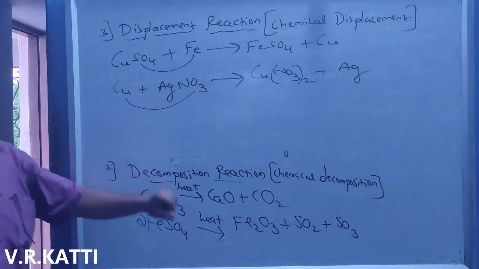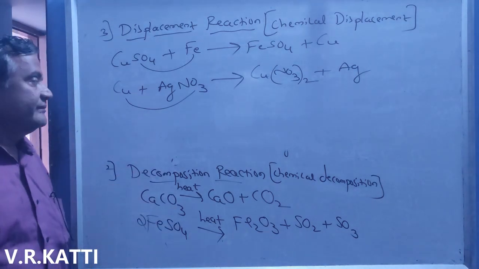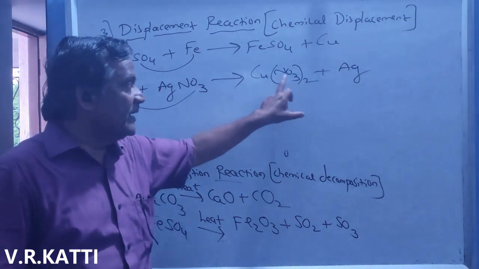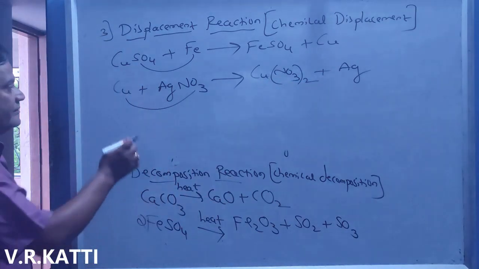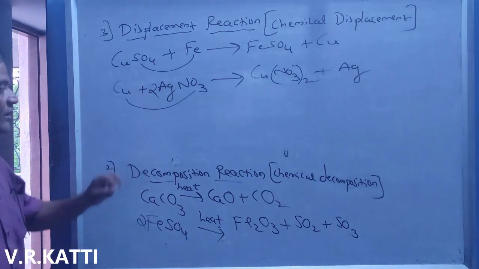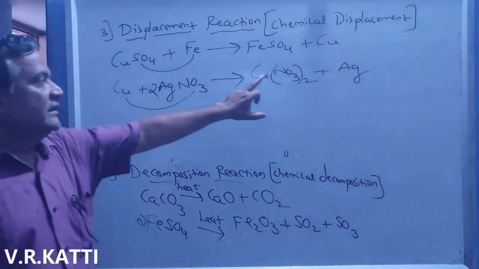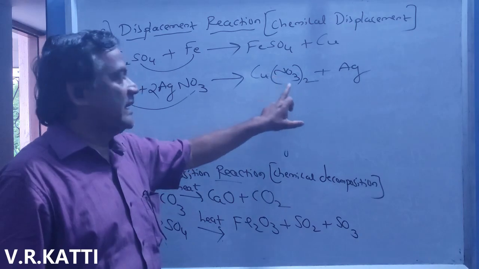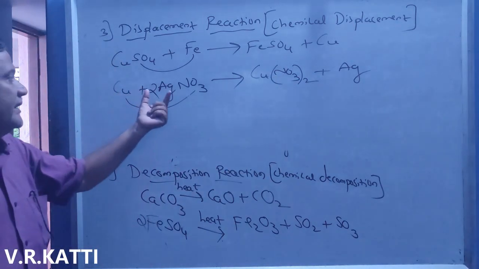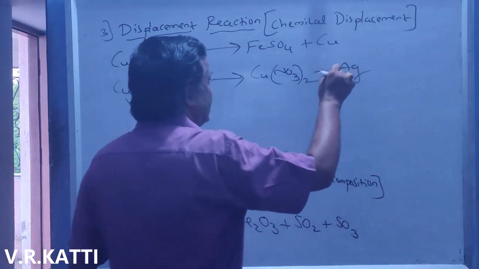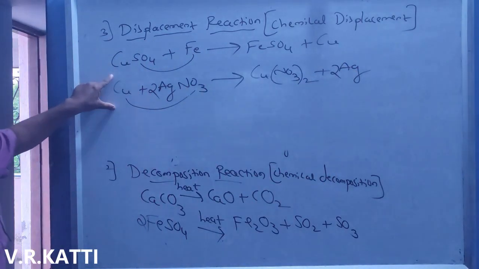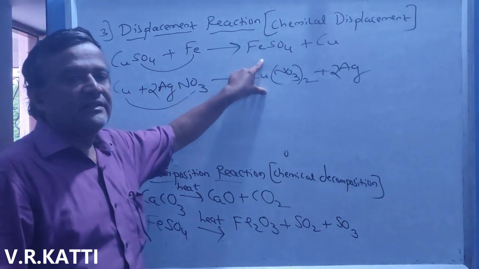Now it is not a balanced reaction. So NO3, how many times? NO3 2 times. Plus 2 Ag. Copper single.